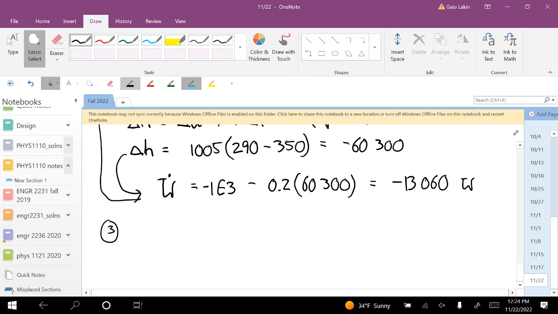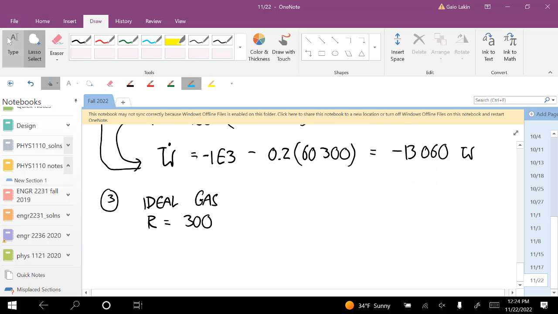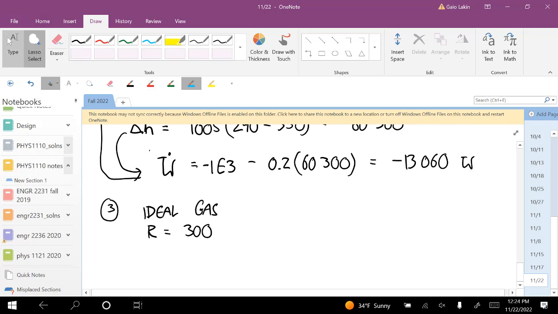Okay, number 3, we have an ideal gas. We don't know what it is, but we can use all of the ideal gas equations. We know that whatever it is, it has an R value of 300 using SI units. There's 5 kilograms of it.